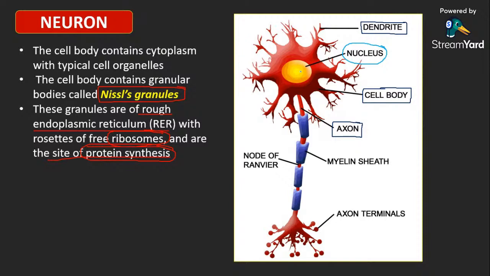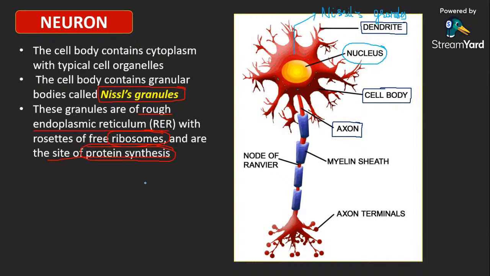In addition to the nucleus, you will have certain granules present. Those granules you will call Nissl's granules. These Nissl's granules are formed of rough endoplasmic reticulum which contain ribosomes for protein synthesis.